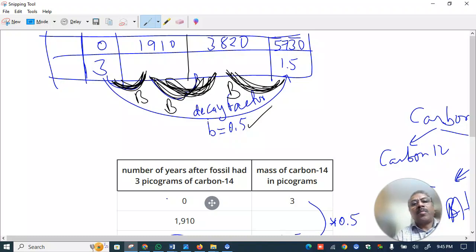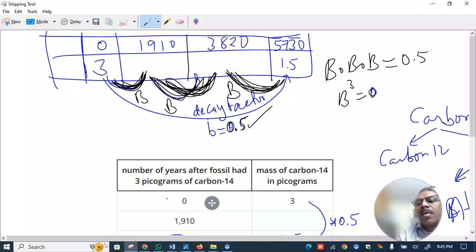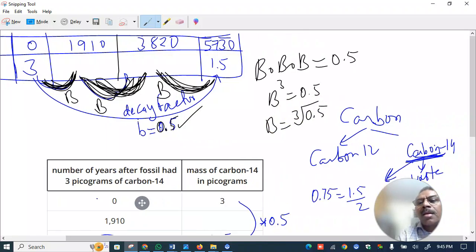If B is the number that multiplies, B times B times B gives you the factor 0.5. B cubed is 0.5. Using the radical, you get the cube root of 0.5, which is 0.5 raised to 1/3. It can also be written as half to the power of 1/3.